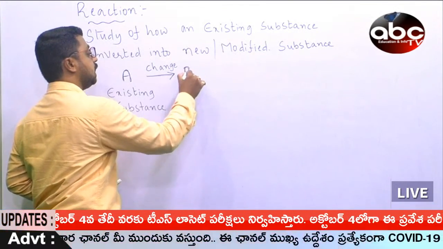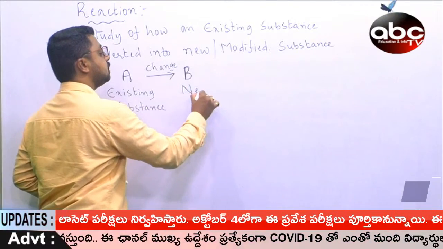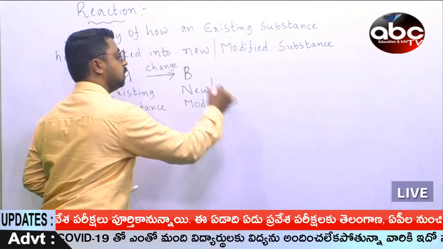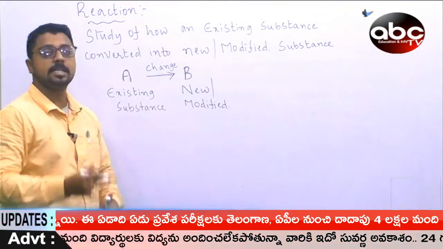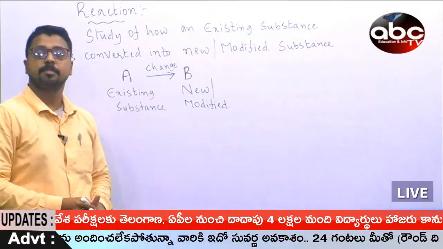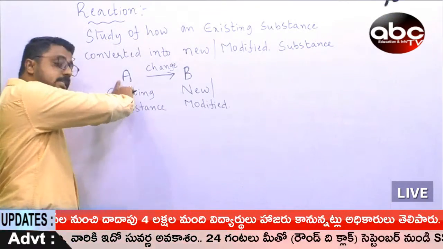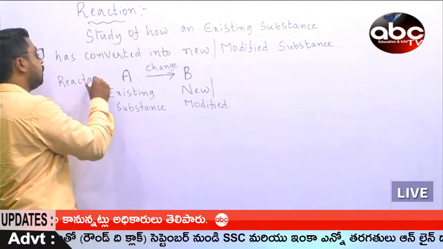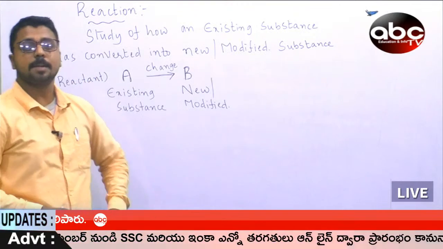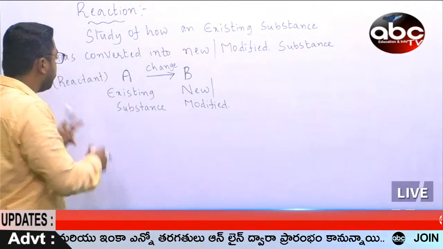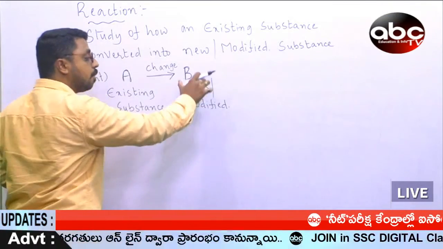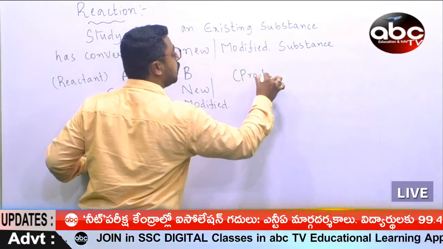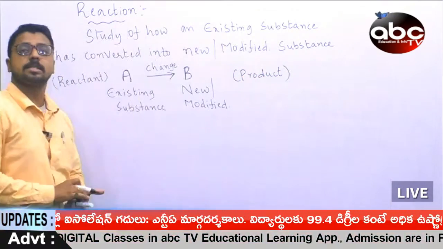Naturally, this is a new substance or a modified substance. So how this happened is called a reaction. Listen carefully here. An existing substance can be called a reactant. But what is a new or modified substance called? It is called a product.